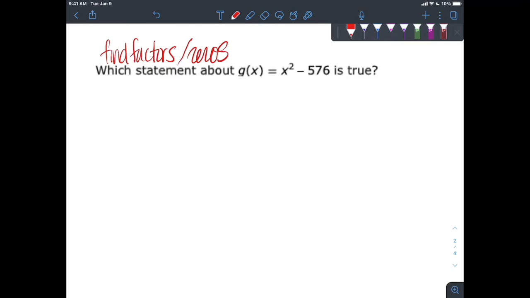So first thing, I see here that this is a really big number. But if I set this equal to 0 in order to find my zeros, I can move that 576 over.